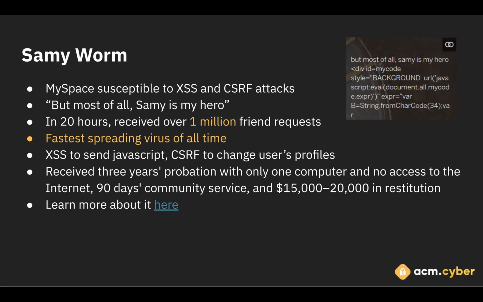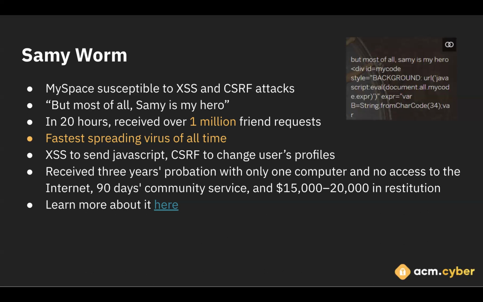So basically in 20 hours, Samy was able to receive 1 million friend requests on MySpace. And it is the fastest spreading virus of all time. It's 20 hours, 1 million, even COVID isn't that fast. He used XSS to send the JavaScript to other people because he put that onto his own profile.